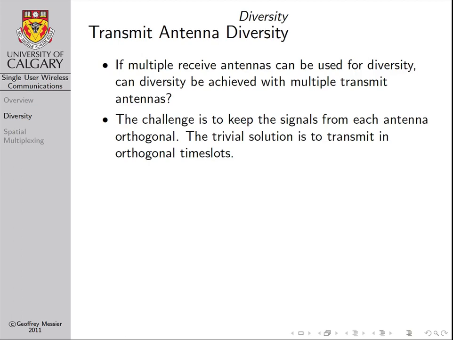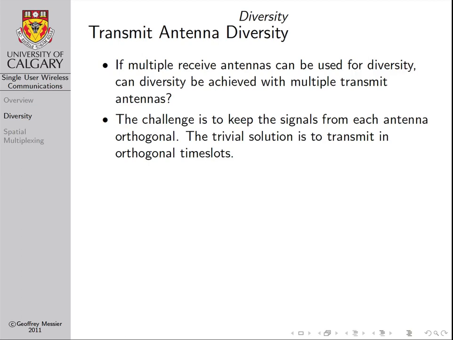Now, the trivial solution to solve this problem is to basically transmit in orthogonal time slots. So you divide the transmit time axes into slots. You take two copies of a single symbol. You transmit the first copy from antenna 1 in the first time slot, and then the second copy from antenna 2 in the second time slot.